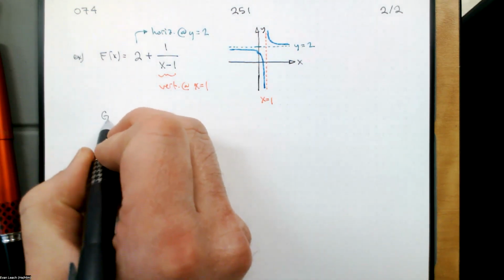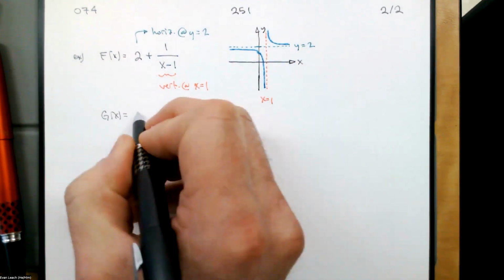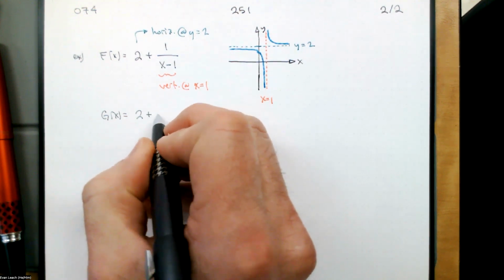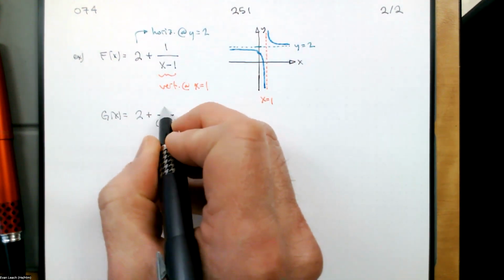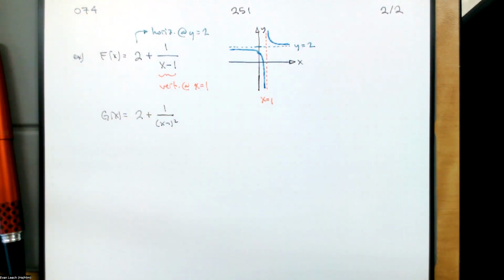So if g of x is 2 plus 1 over x minus 1 squared, that's just going to make, instead of going opposite sides around our vertical asymptote, they'll go on the same side.